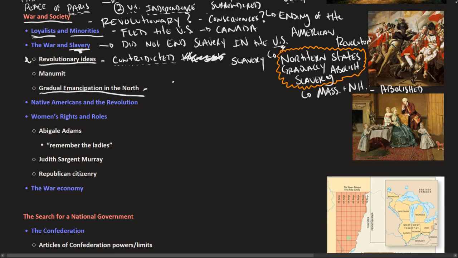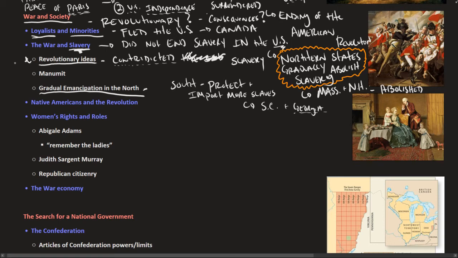Where we look at the states of the South, not only did the southern states not move to gradually abolish it, but the southern states sought to protect it and even imported more slaves. This is especially true in places like South Carolina and Georgia.